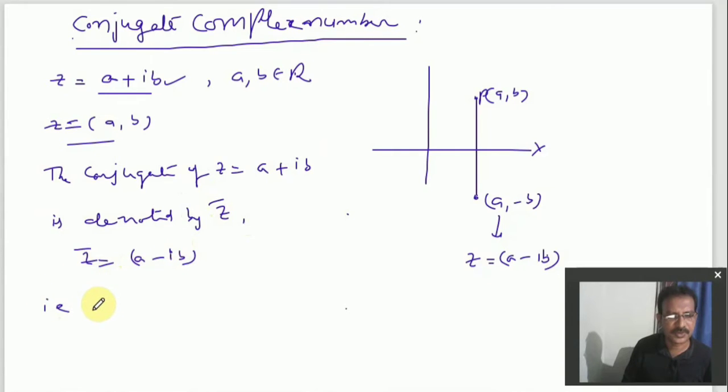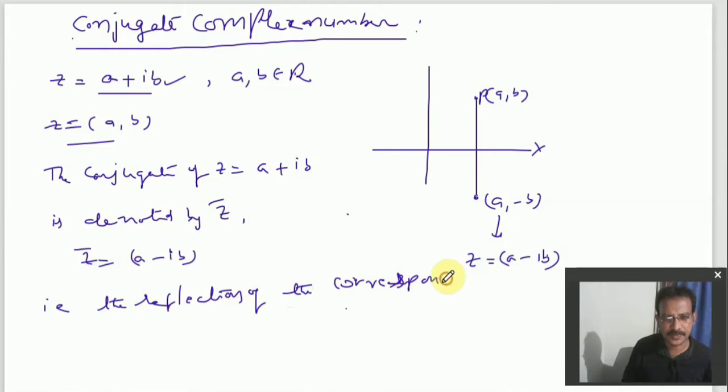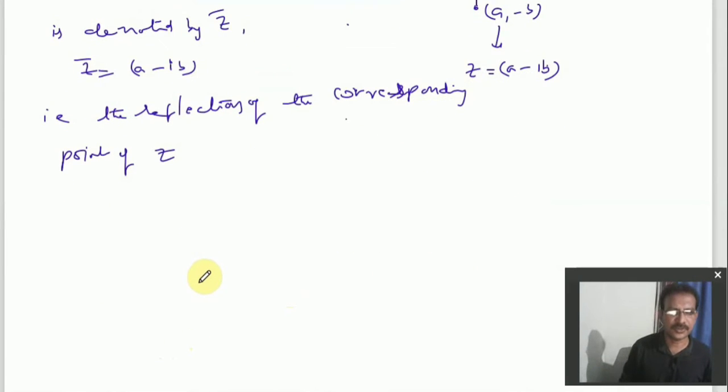That is the reflection of the corresponding point of z in the Argand plane with respect to the real axis.